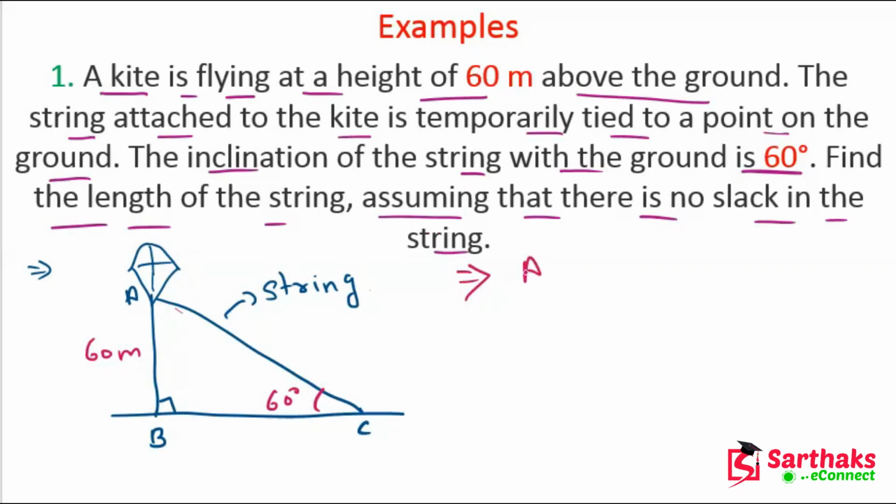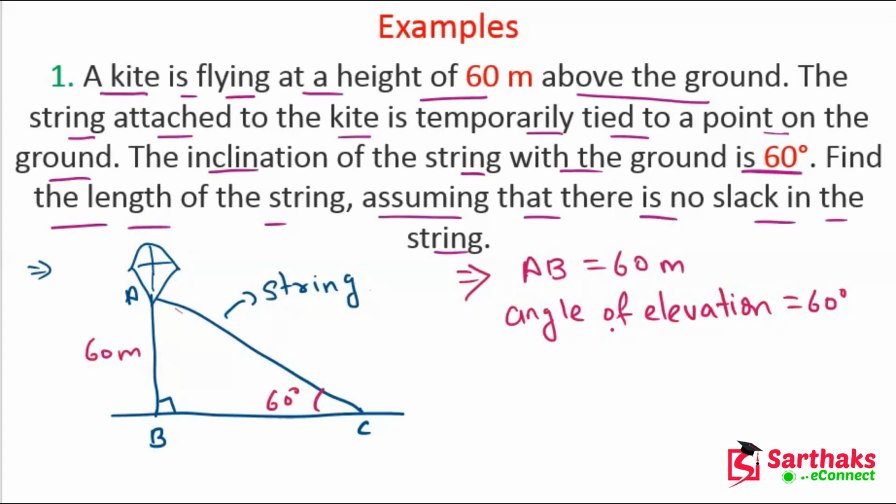We have AB equals 60 meters, and the angle of elevation is 60 degrees. We have to find AC, meaning the length of the string.